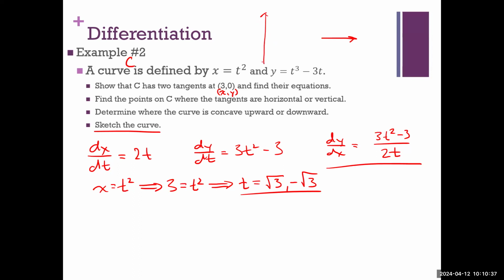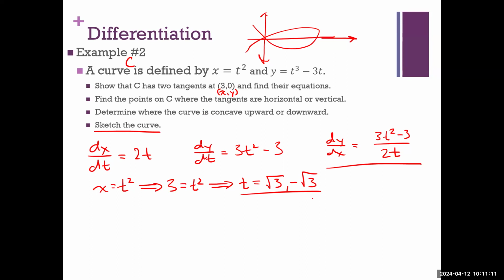I can't remember if the loop was on the right or the left, but some kind of closed loop there. And basically we found that this curve is not simple. So this curve crosses the point (3, 0) at two different places, or for two different values of t. And we found radical 3 and negative radical 3. So that's resetting the stage for where we ended up last time.